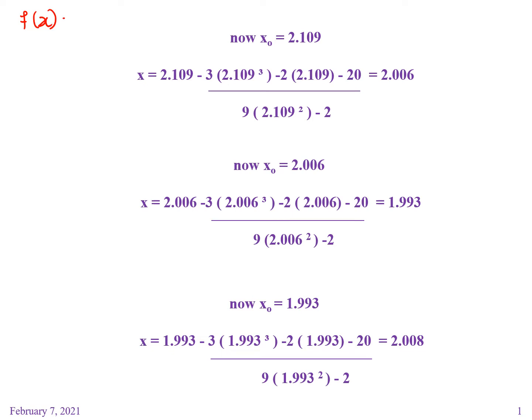This was what we did for the Taylor series expansion. F prime, right? Then square that and divide by 2 factorial f prime prime x.